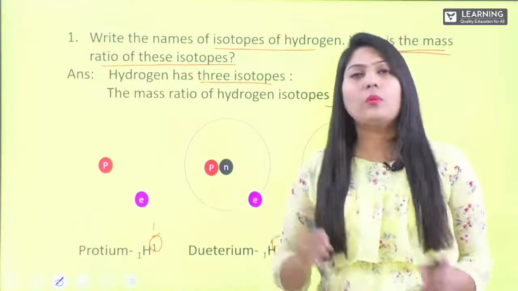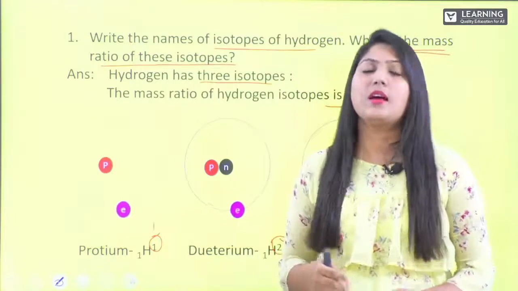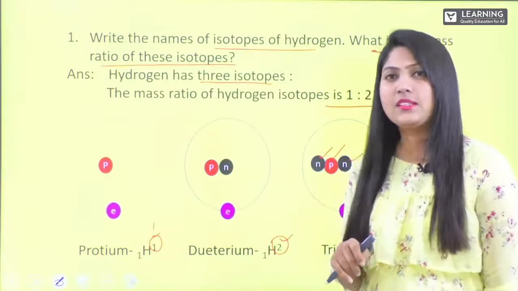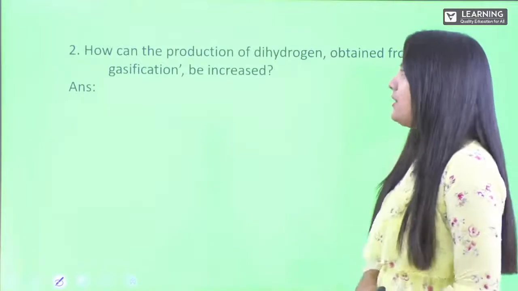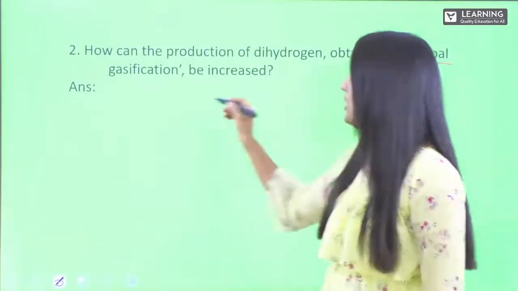That means, what do you mean by mass number? Mass number is equal to the number of protons plus the number of neutrons present in the nucleus. Got this? Good.